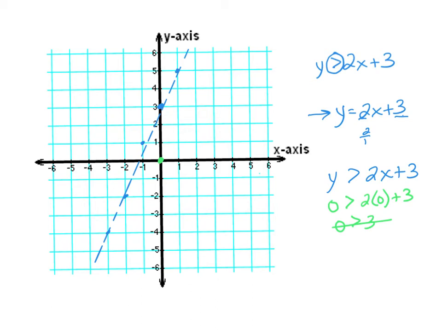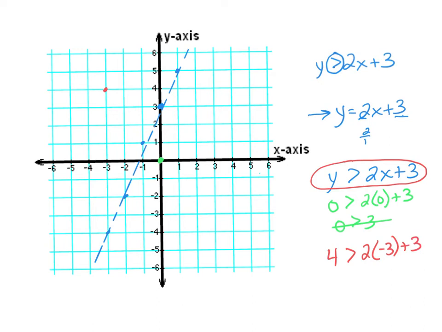And I am going to verify that I didn't make any mistake by choosing a point on the other side. I'll choose the point (-3, 4). So I'm going to put -3 in for x and 4 in for y and see if this works. Is 4 greater than 2 times -3 plus 3?